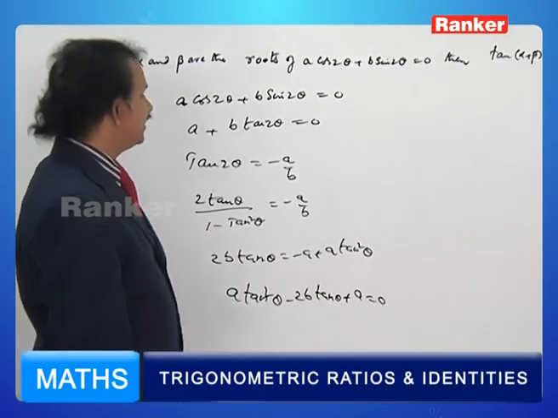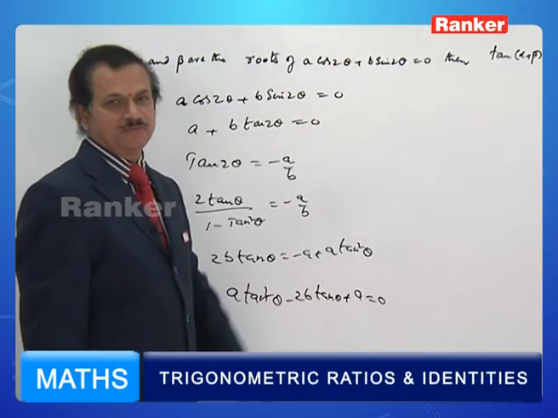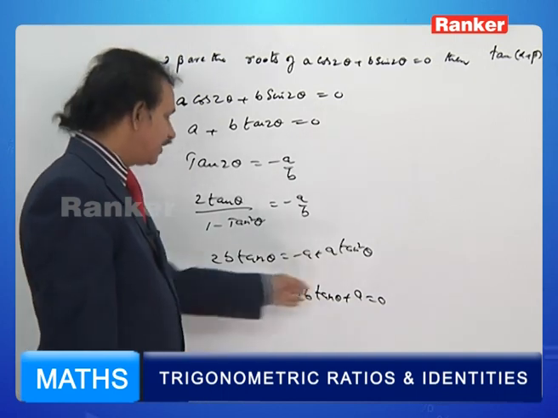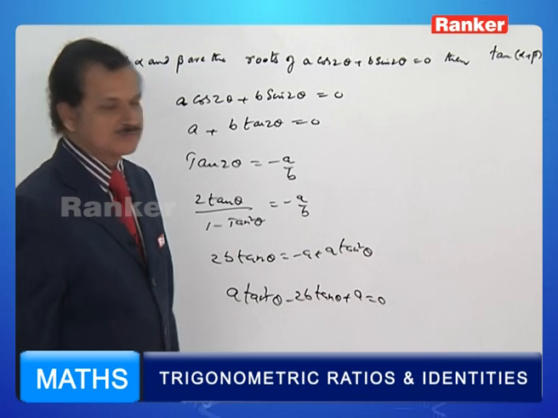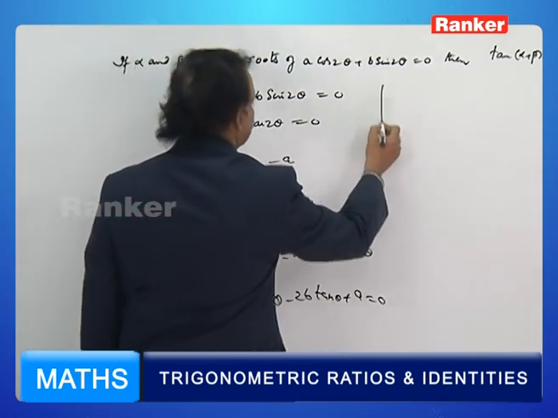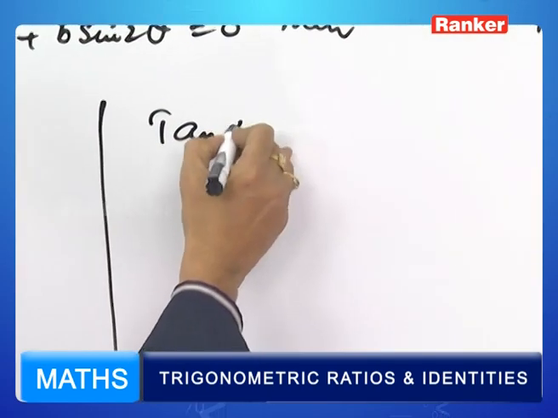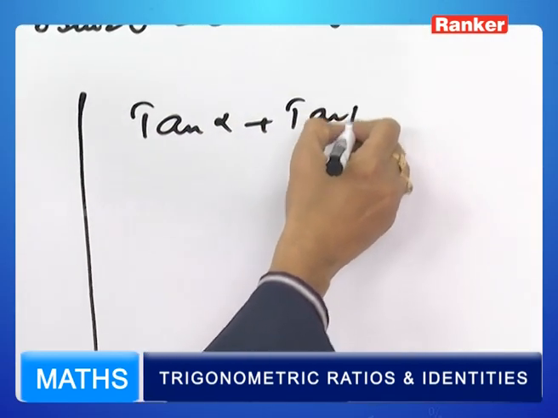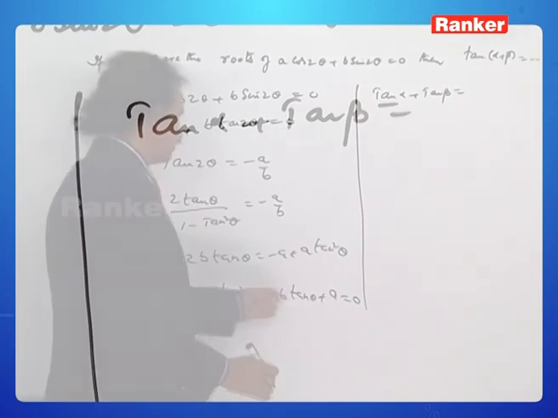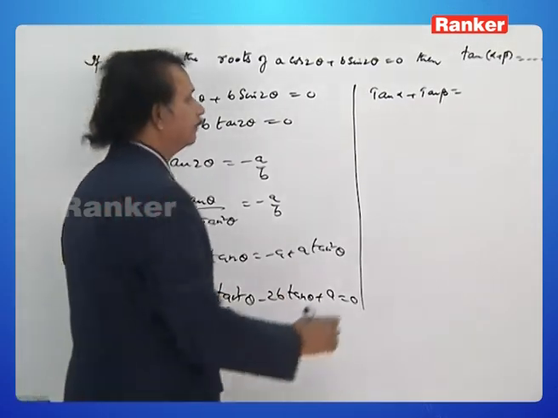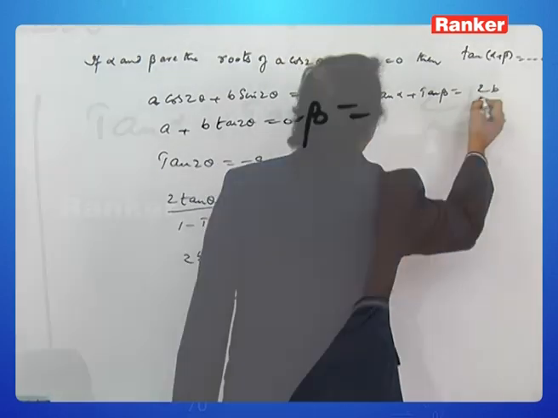Now, it is given that alpha and beta are the roots of that equation. Automatically, we can take tan alpha and tan beta are the roots of this equation. So that we have tan alpha plus tan beta is equal to, that is the sum of the roots of this equation, minus b by a, which is nothing but 2b by a.